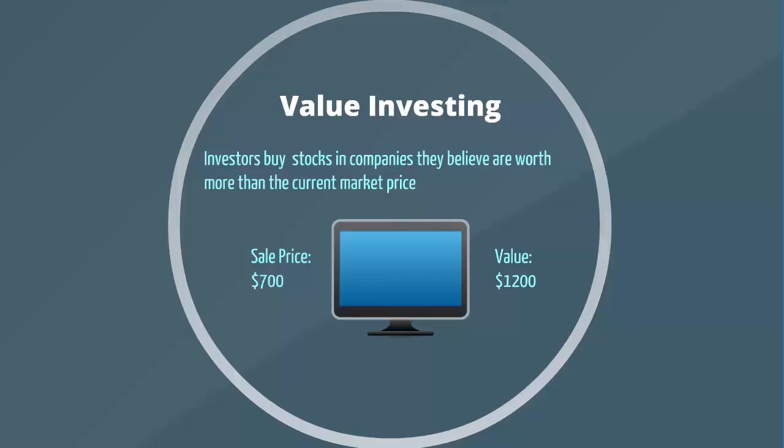Now, because the price is temporarily at $700 does not mean that the TV is now worth $700. If the fair value of the TV is $1,200, like it's normally priced, then that is still its value.